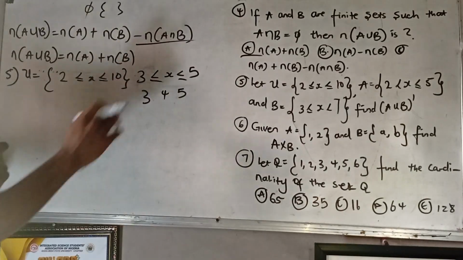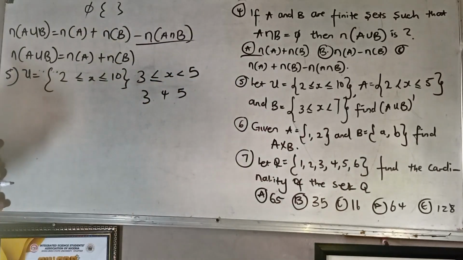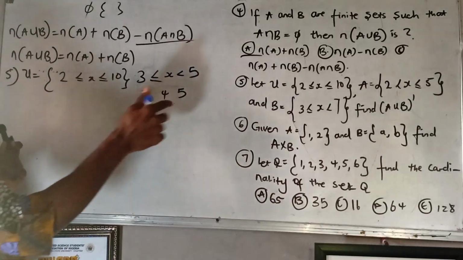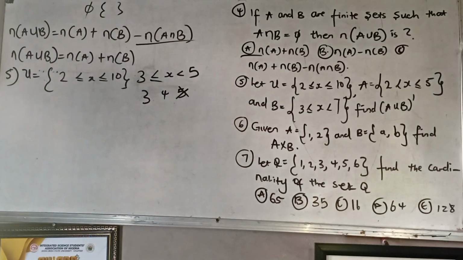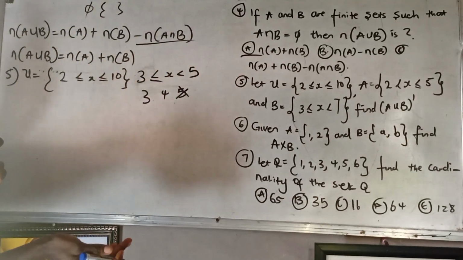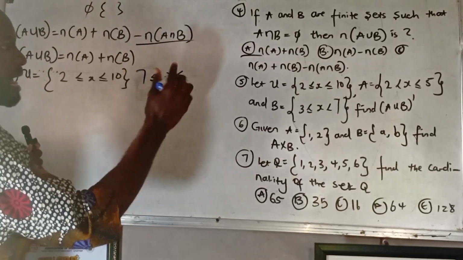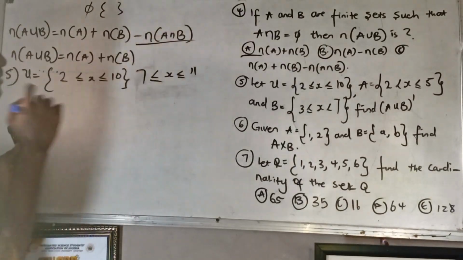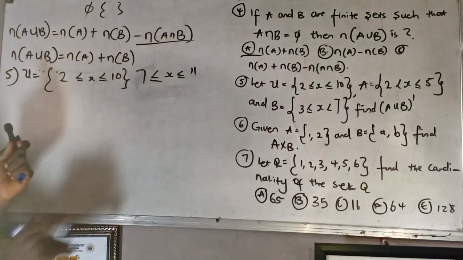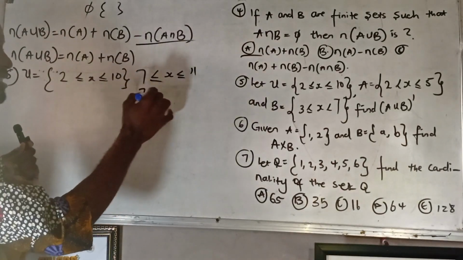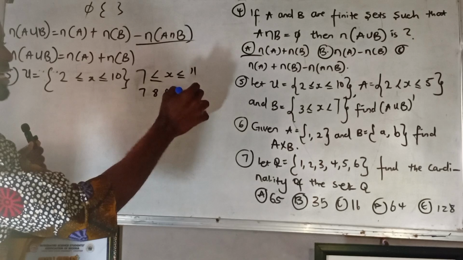I hope there is no question. If they give us this pattern, it means that 3 is included and 5 is excluded. Let me use another one to expand this: 7 and 11. It means that 7 and 11 are included in the expansion, that is 7, 8, 9, 10, and 11.